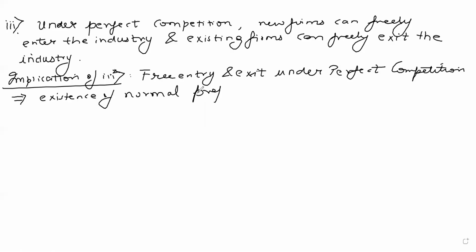Existence of only normal profits. Normal profits means zero economic profits. All students can recall this from my lectures on firm theory. When I talk about normal profits, that means zero economic profits in the industry.